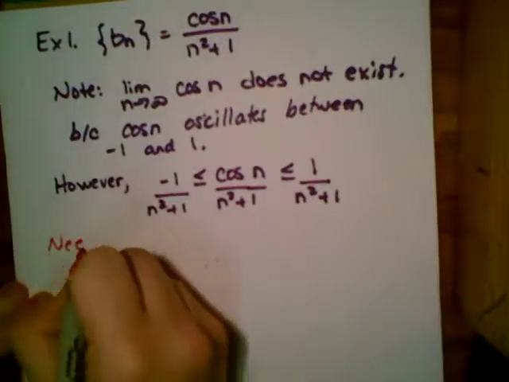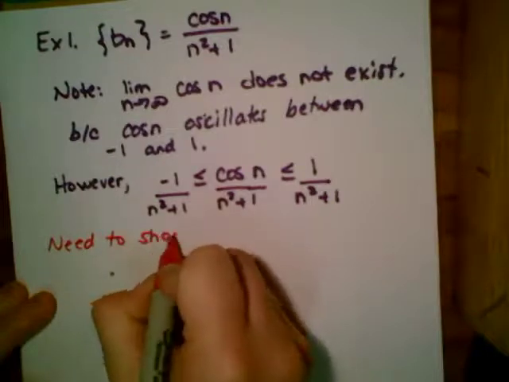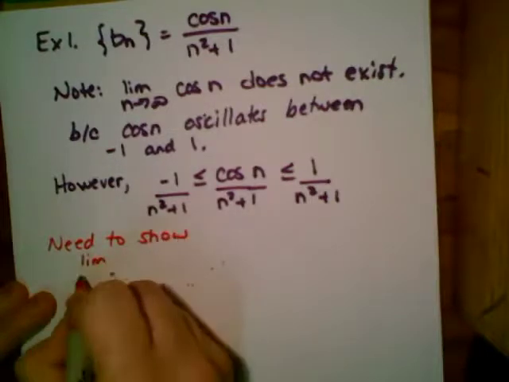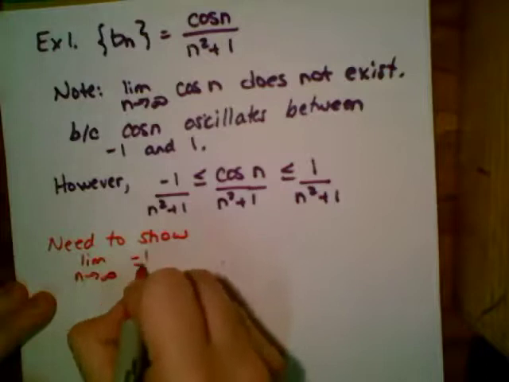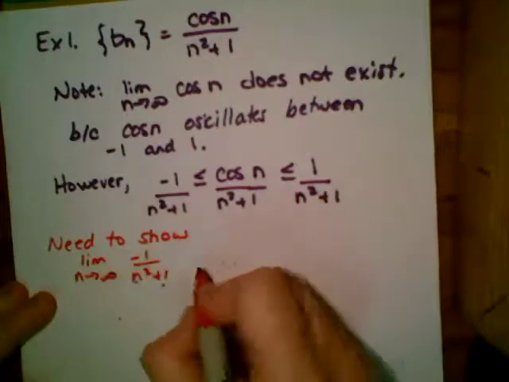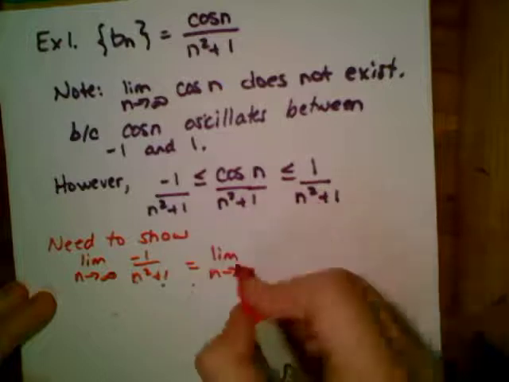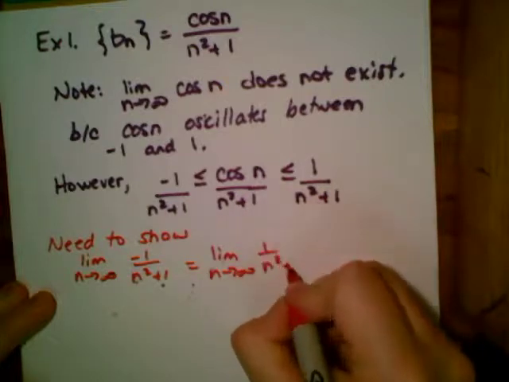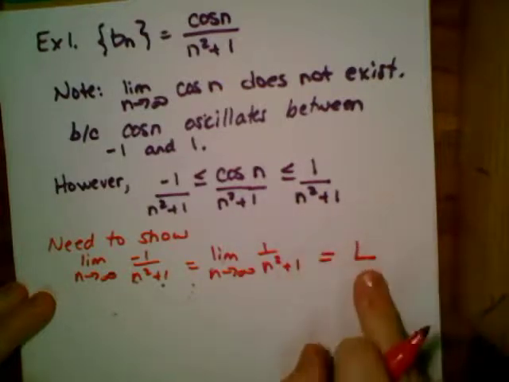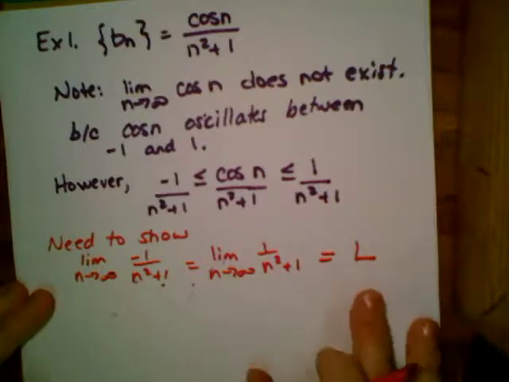We need to show that the limit as n goes to infinity of these two outer sequences equals some finite number, and that they have the same limit.